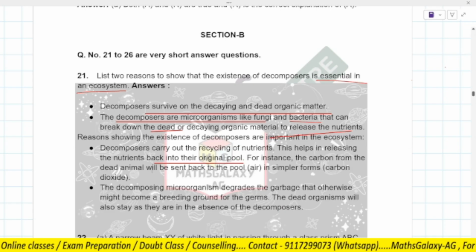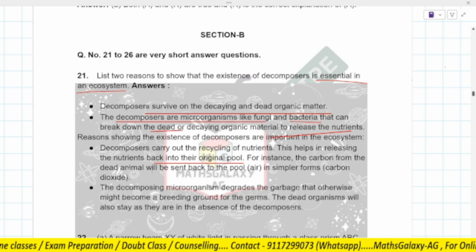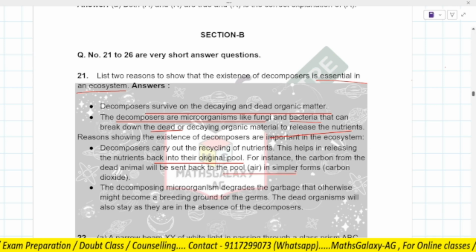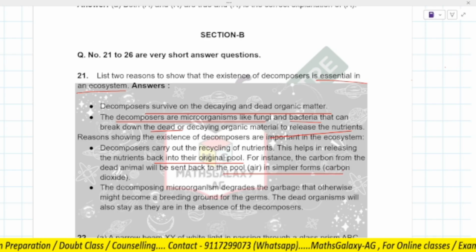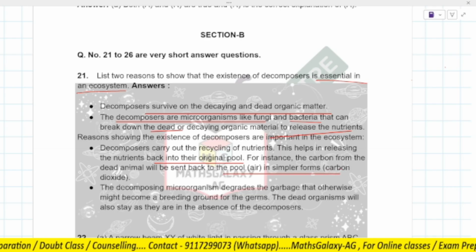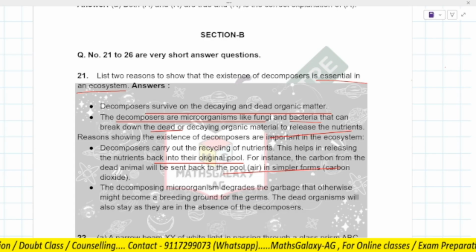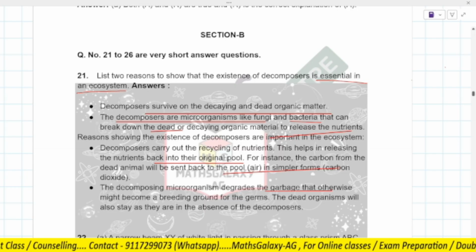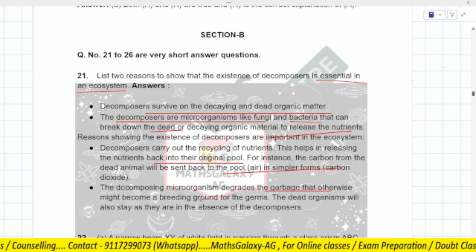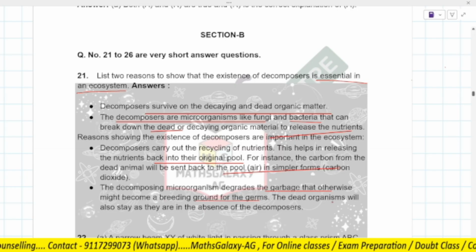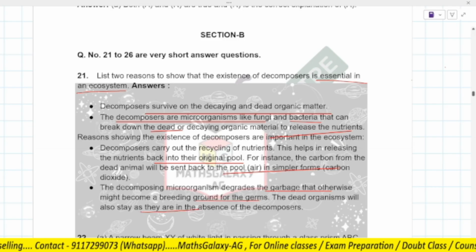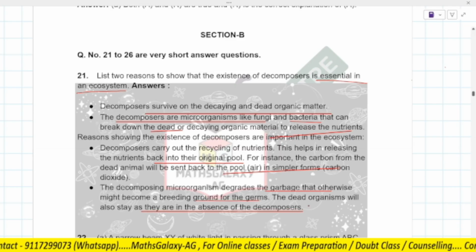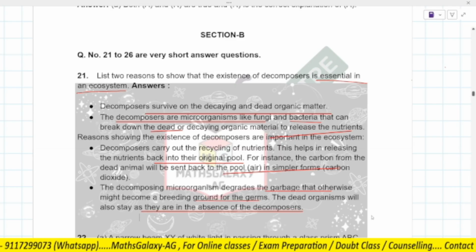For instance, the carbon from the dead animal will be sent back to the pool, okay? That is air, in simpler form, carbon dioxide, okay? So the decomposing microorganisms degrade the garbage that otherwise might become a breeding ground for germs. The dead organisms will also stay as they are in the absence of the decomposers. Is it clear? Any doubt?